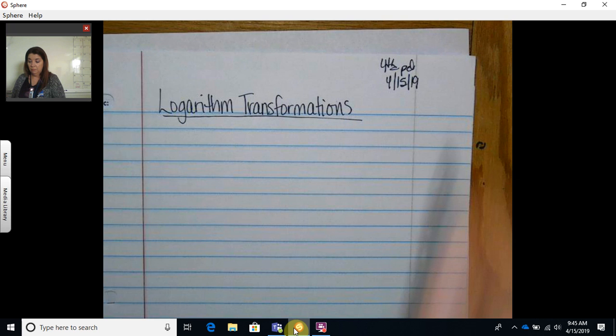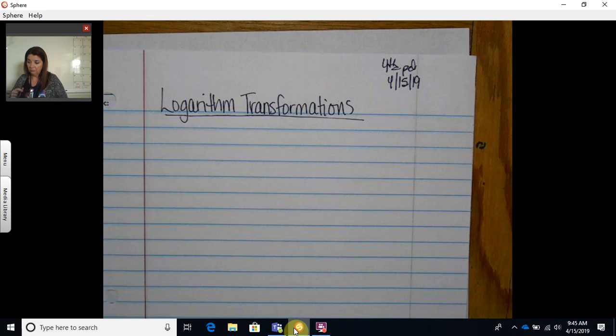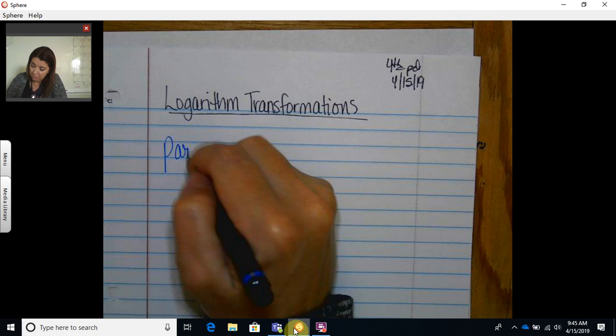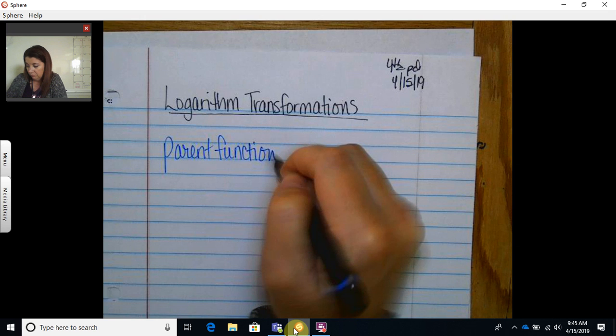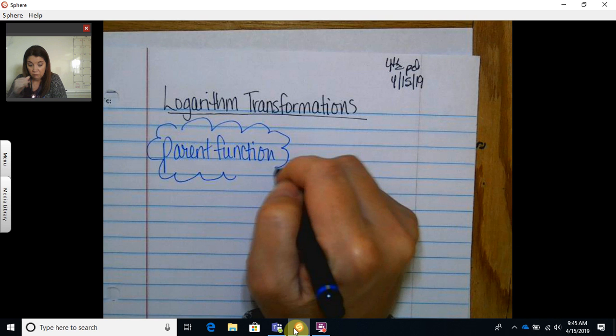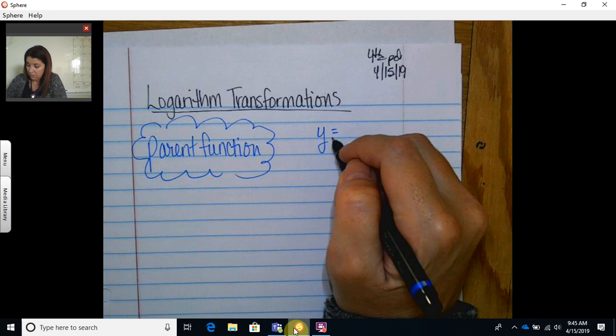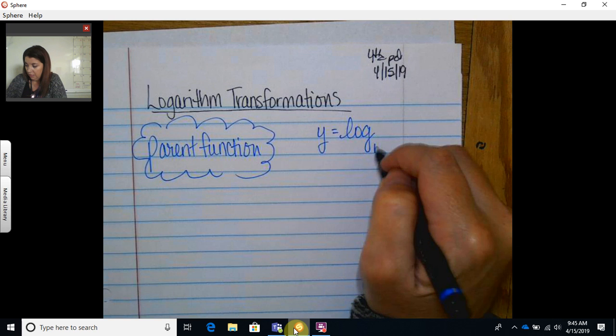All right, so the parent function of a logarithm. Remember, parent function is the most basic. It is y equals log base b of x.